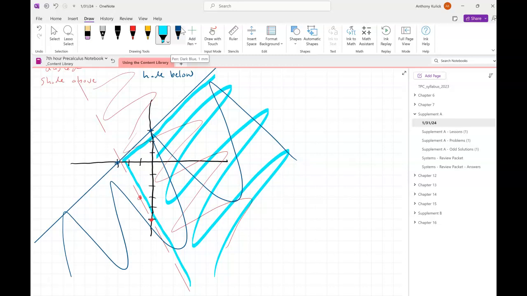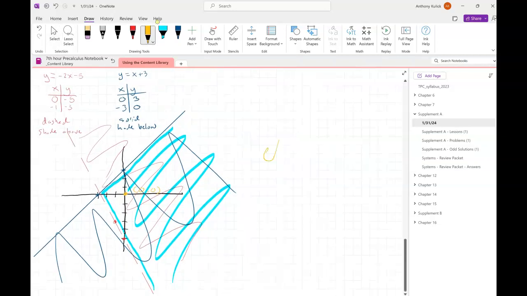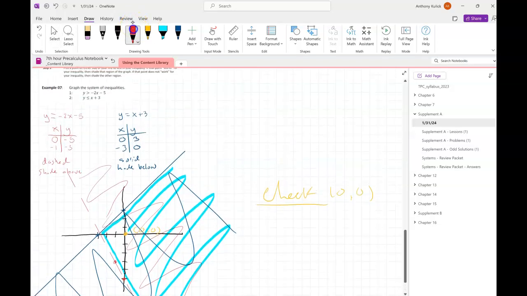So to check this, we can pick a point from that blue highlighted region. Maybe I'll pick 0, 0, and make sure that 0, 0 satisfies my inequality. So if I do equation 1, 0 should be greater than negative 2 times 0 minus 5.